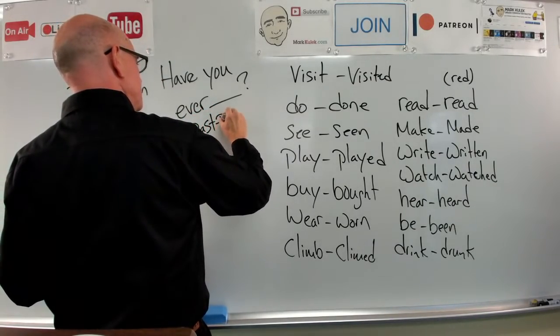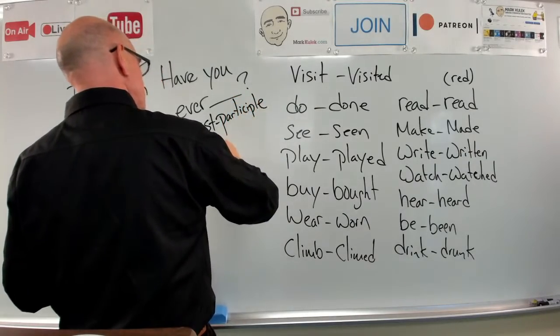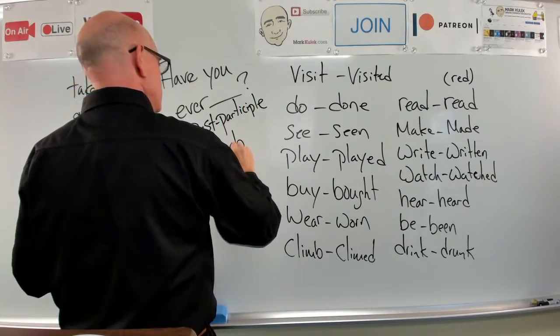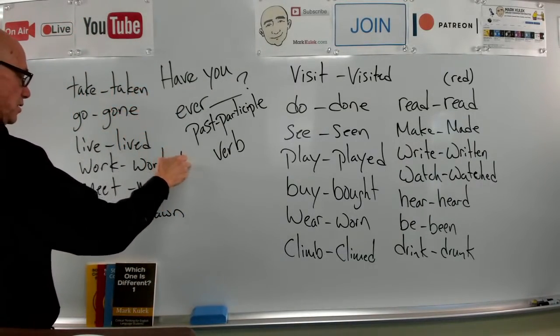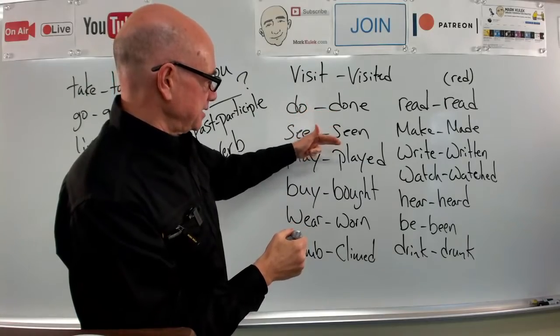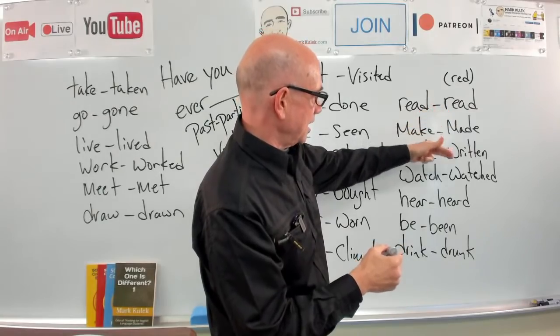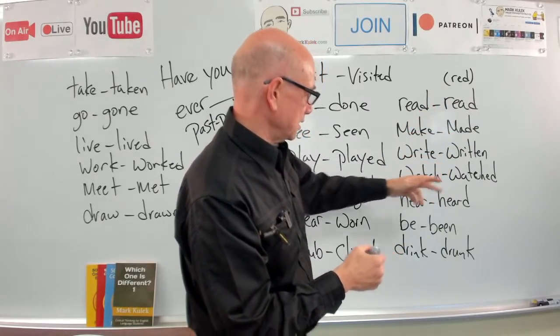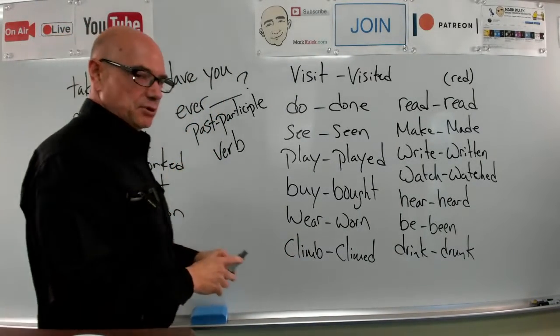And so these are the past participles: taken, gone, lived, worked, met, drawn, visited, done, seen, played, bought, worn, climbed, read, made, written, watched, heard, been, drunk. Have you ever? Past participle verb.